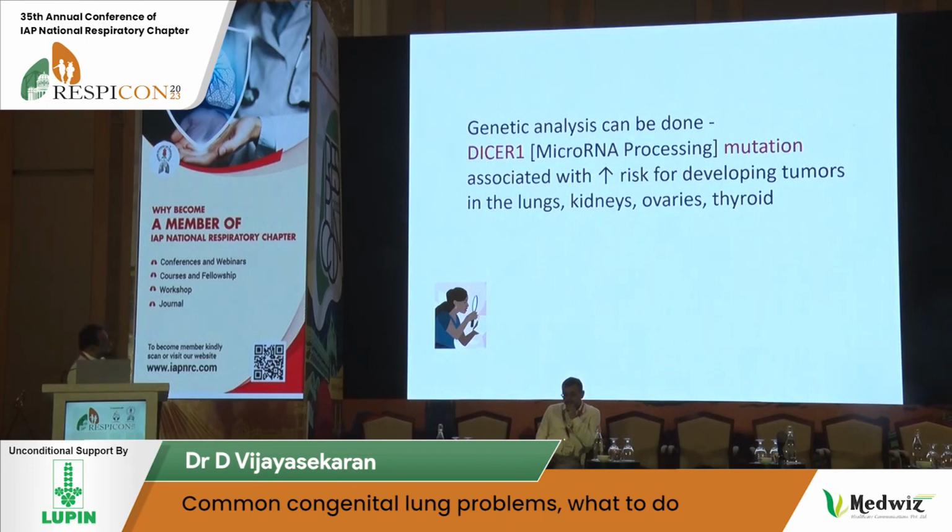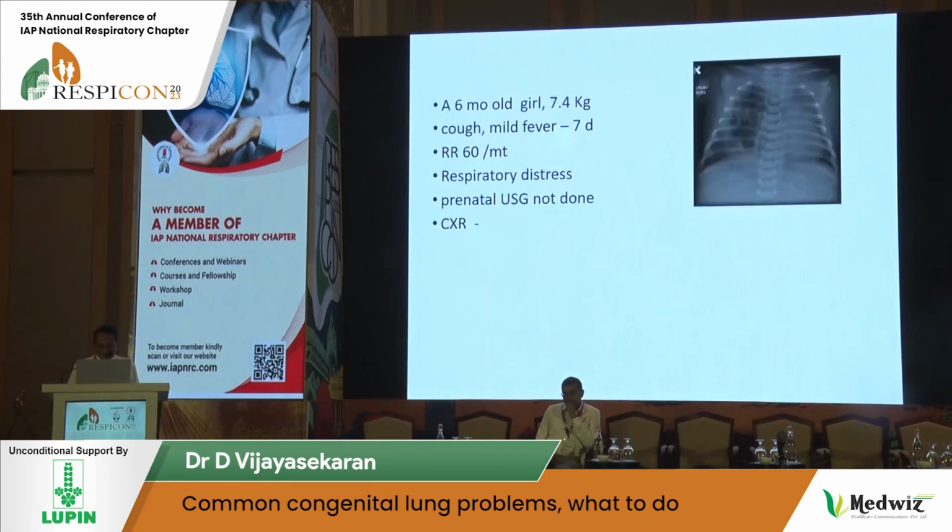Actually, for the youngsters, if you happen to see any congenital lung, kidney, ovary, thyroid anomaly, do a DICER1 mutation test. I think this is the area of genomic studies. Just now we have been reading about artificial intelligence. If you make a study and find a genomic variant, then you put it in, and one day we can easily make a diagnosis like that.